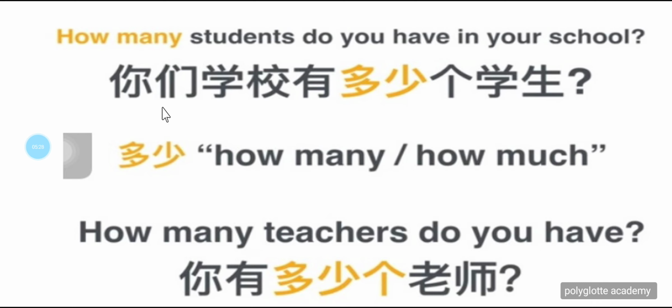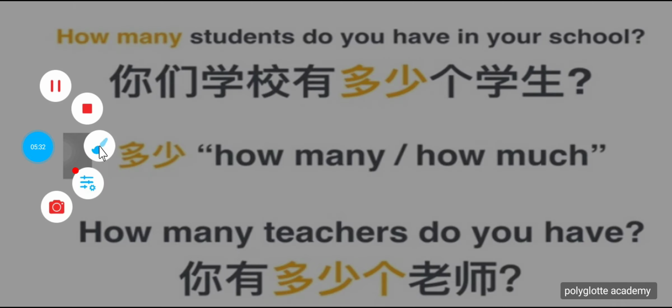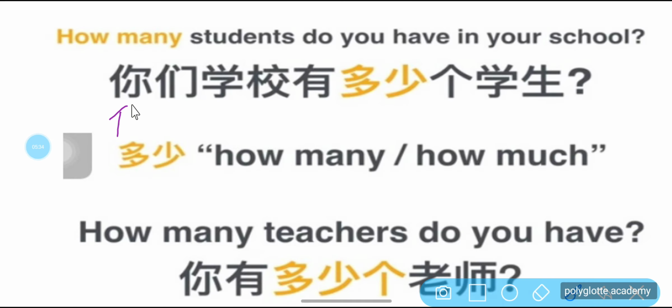Okay. Now the next one. 你们. 你 is you. 你们, now 们 is a plural marker. 你们 means you guys, you plural.